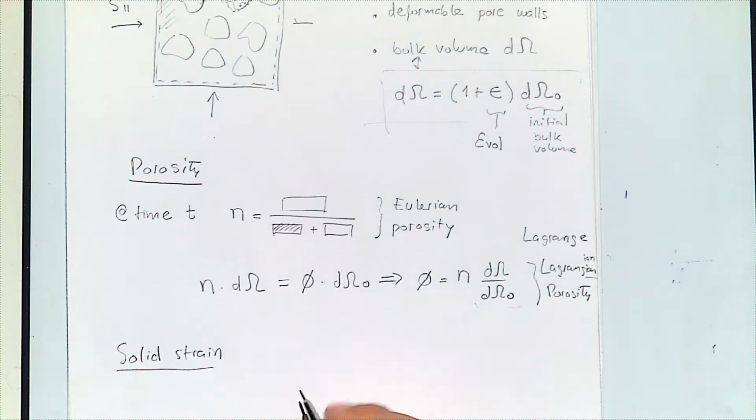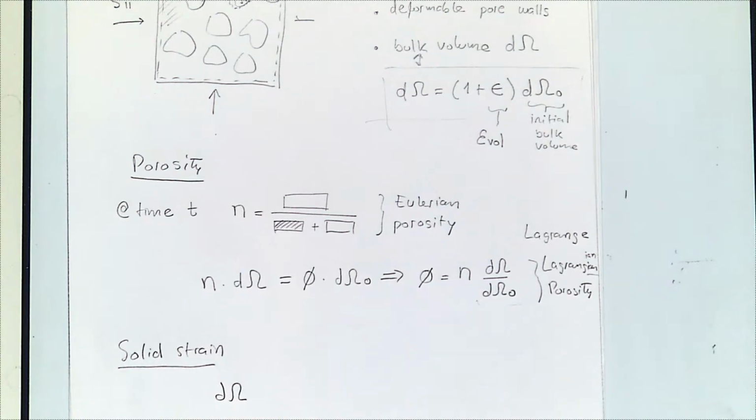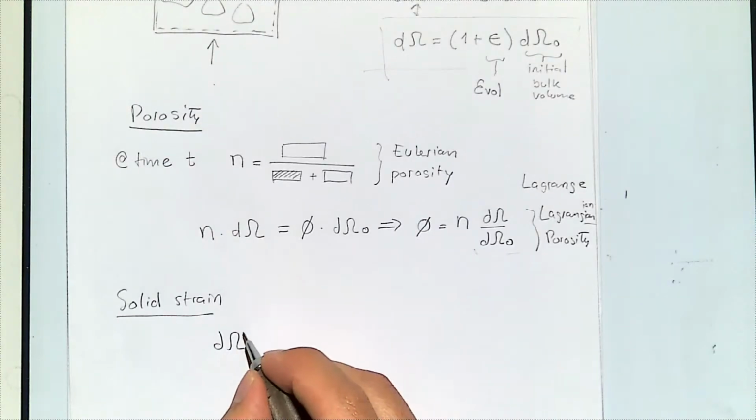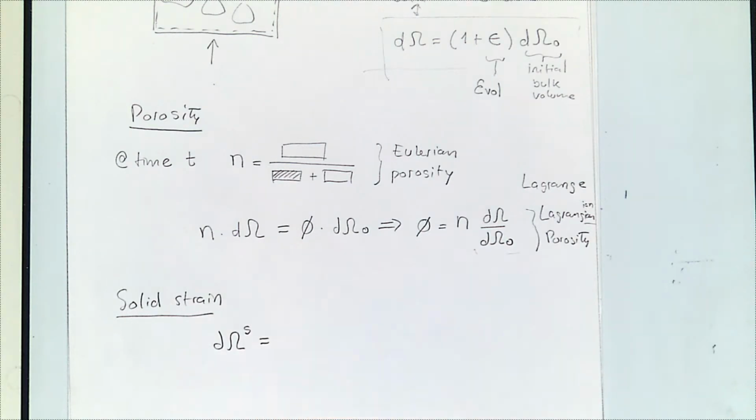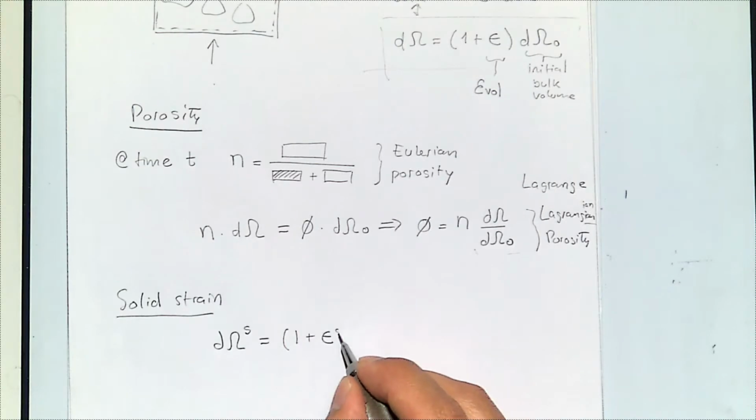And the solid strain is going to be, we're going to say that the volume of the solid part is going to be equal to 1 plus the volumetric strain of the solid part.